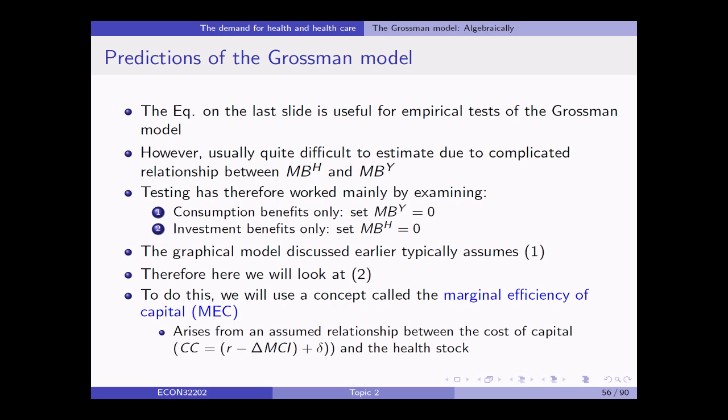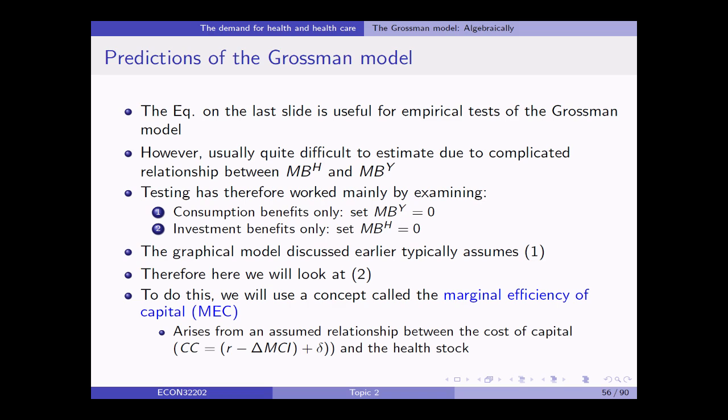So the stuff we did last week, looking at the graphs and how you move the quadrants around, essentially is the first one. So we'll look only at the consumption benefits. So just for completeness here, we'll look at the second one, and we'll look only at the investment benefits. So we're going to ignore the consumption benefits and focus only on the investments here.